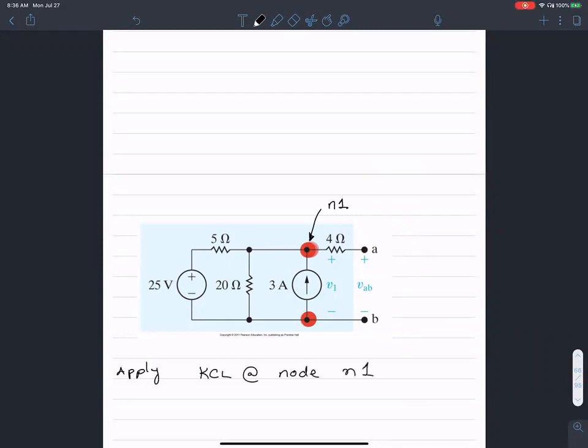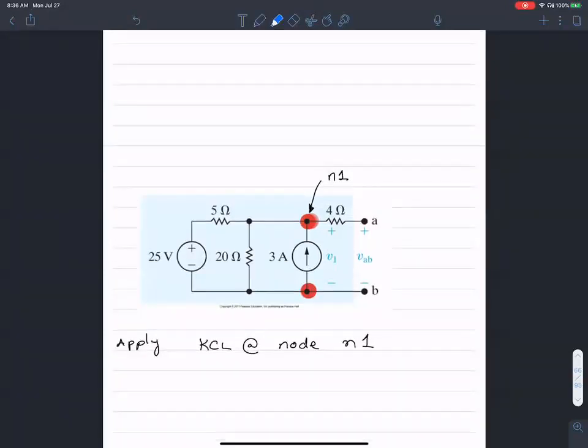If I look at the KCL at node N1, the voltage here is V1, right? V1 minus 25 volts by 5 ohms. That's the current leaving in this branch.